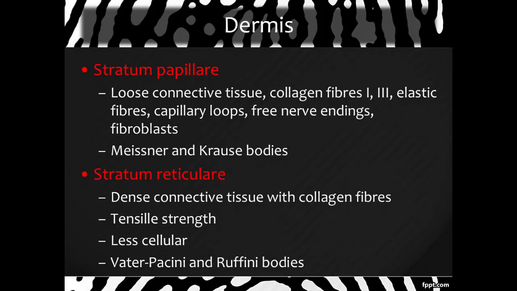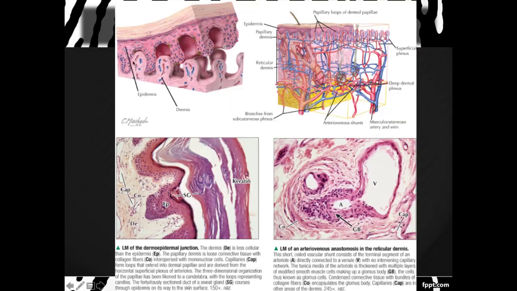They project into the undersurface of the epidermis, which is arranged into similar epidermal protrusions called the epidermal ridges. As you can see here, this is called the dermo-epidermal junction.